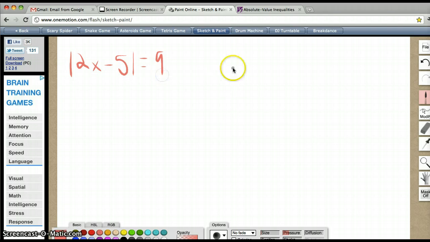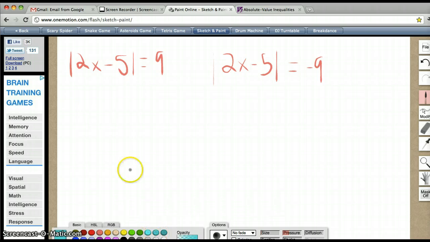We're also going to do the absolute value of 2x minus 5 again, equals a negative 9, because our absolute value can be positive and negative.